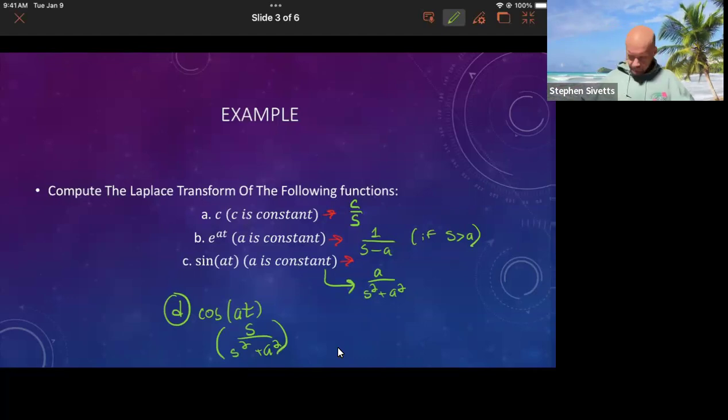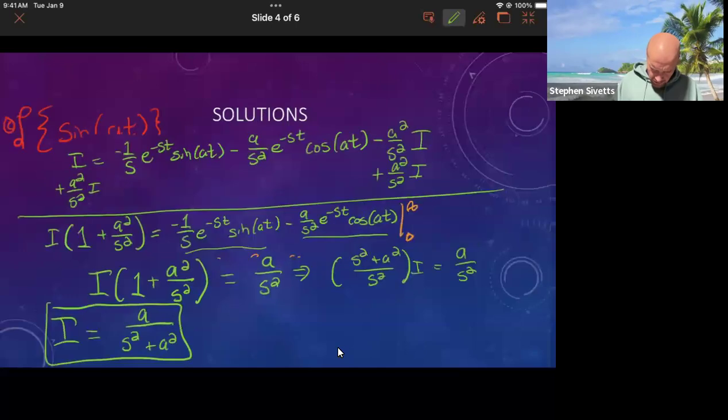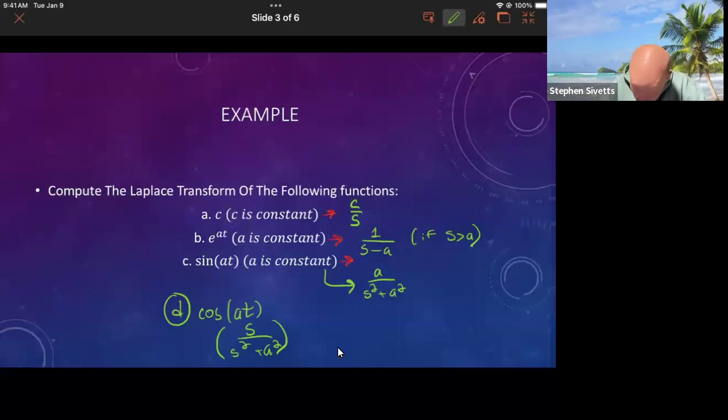Let's see. Do I want to go over anything else? Okay. I guess there is one other Laplace transform I want to go over.